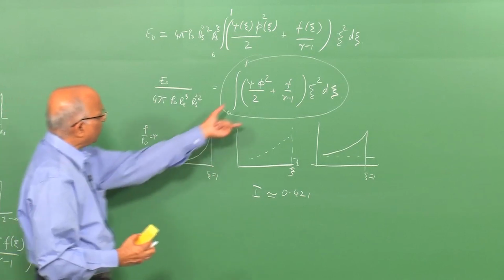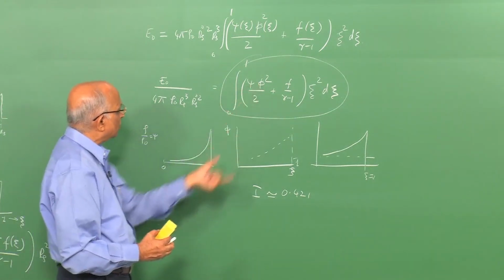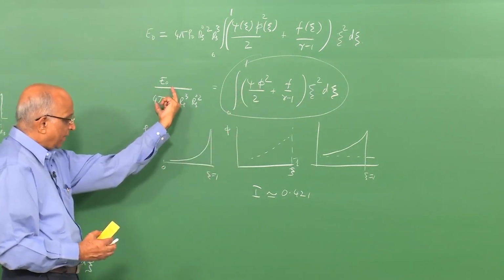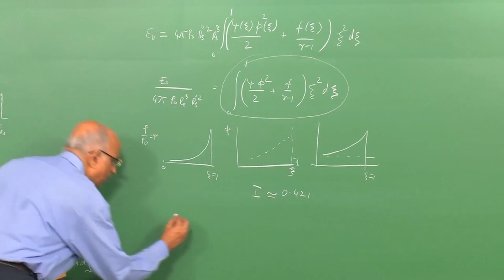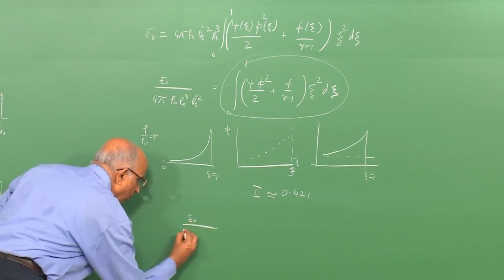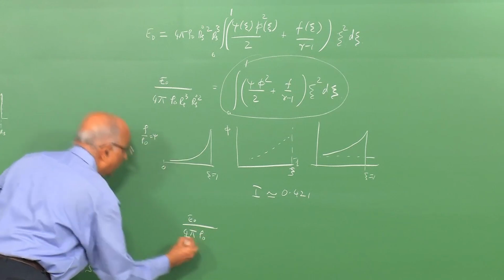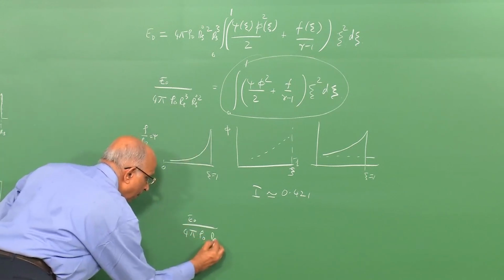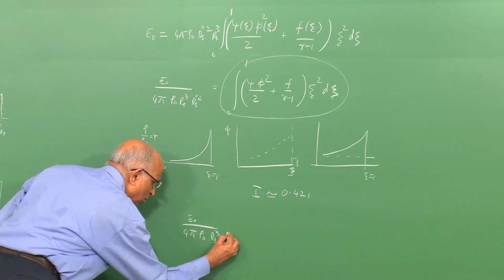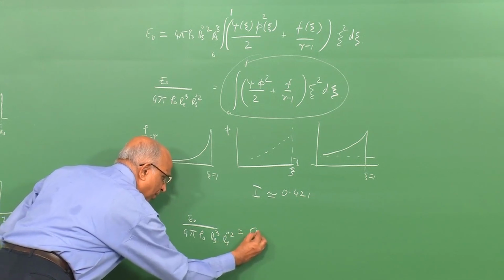Therefore, we tell ourselves, well, this integral is expected to be a constant, and therefore, I can write this value. Let us write this value. I get E0 by 4 pi into rho 0 into Rs cube into Rs dot square is equal to a constant.